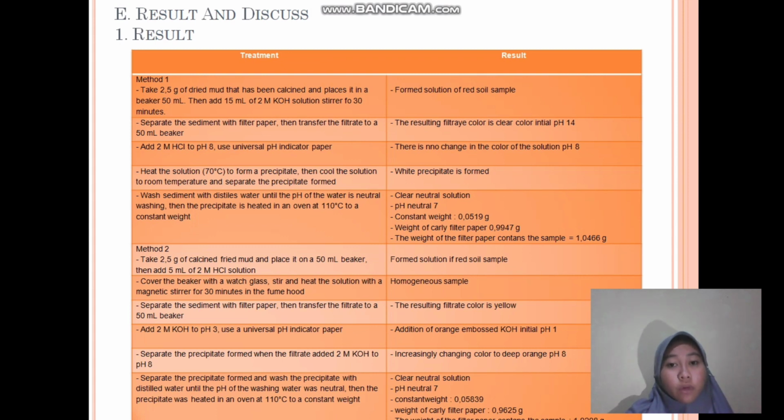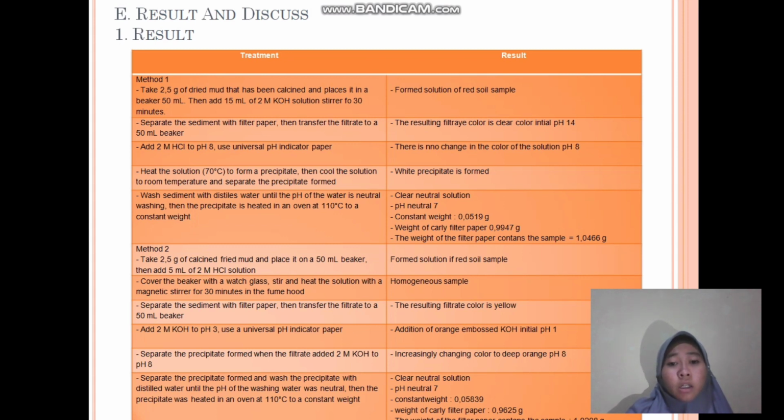The result of the filtrate is a clear color, with initial pH. Adding 2 M HCl to pH 8. The color of the solution at pH 8 is checked. Heat the solution until a precipitate is formed. Wash the sediment with distilled water until the pH of the water is neutral.